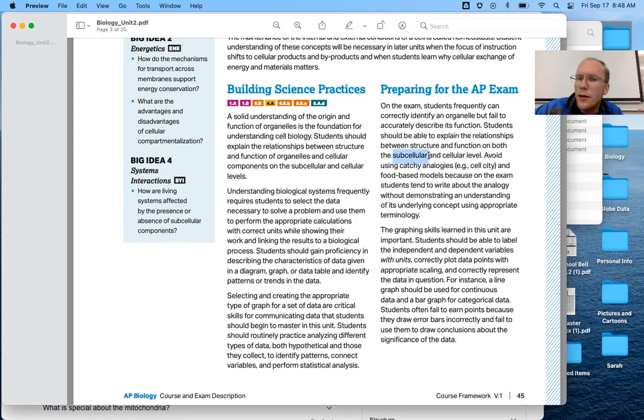What does that mean? Subcellular means smaller than a cell. So the structures of organelles, but also the structures of a cell as a whole.